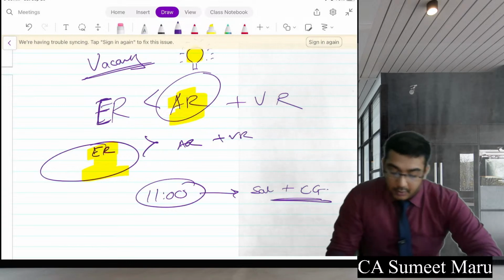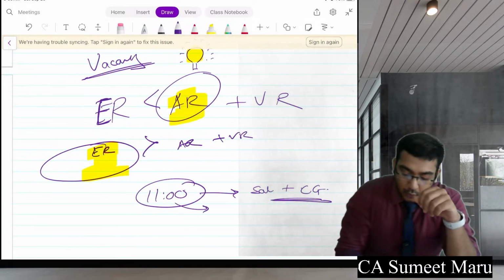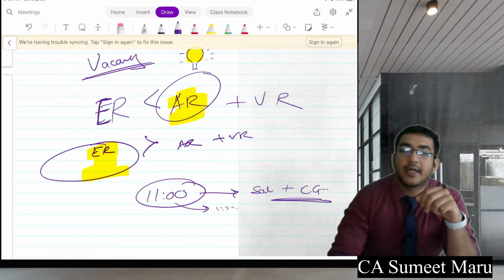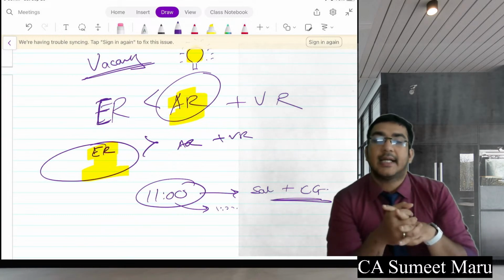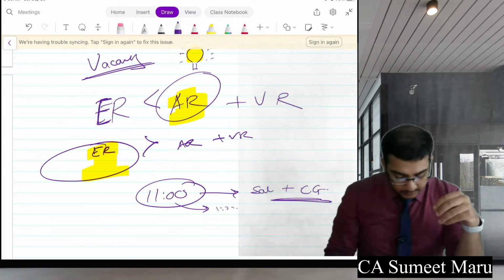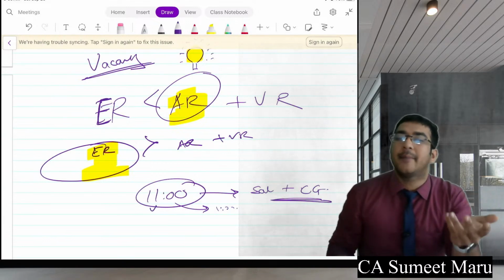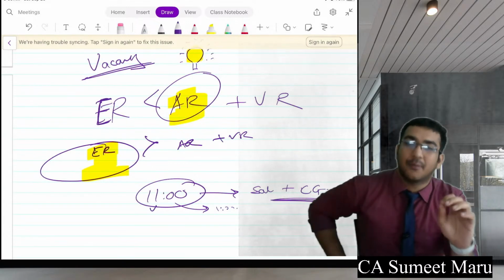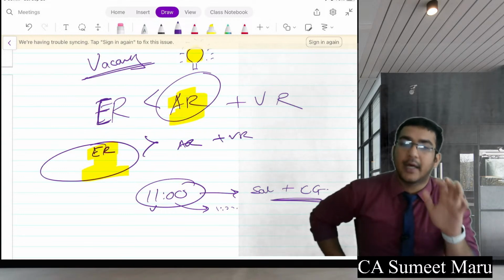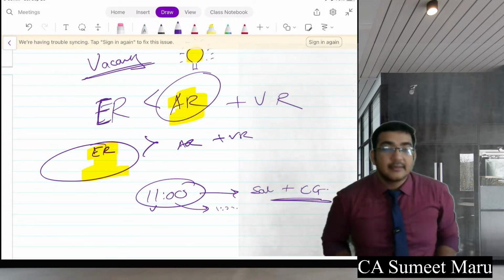This will be from 1 to 1:30, or let's see if we can go to 2 as well. So that's what we are going to do at 11. I may be late for this session by maximum 2 to 5 minutes, so please stay there. I am going to be there, the session is going to be there, and we are going to take the same.